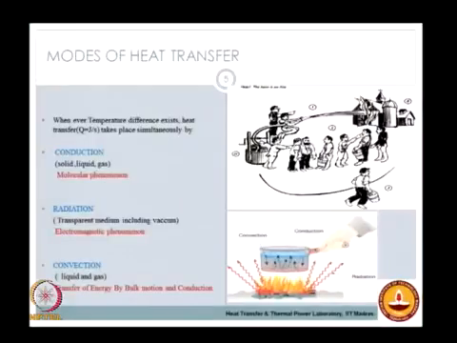Now if you look at radiation, that is similar to process number 1, where you don't rely on any medium to transport, but you can directly transport heat even in the mediumless case, even outside of the Earth's atmosphere.